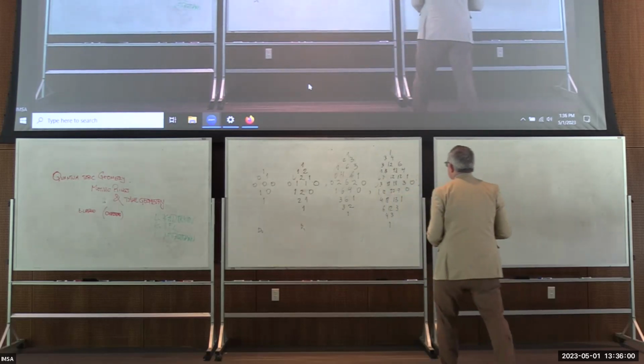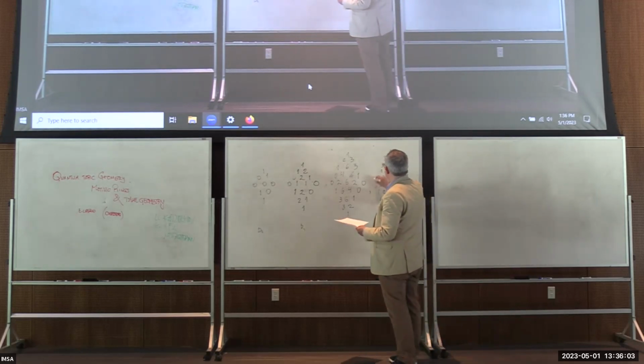So we have these diagrams in our puzzles, and we want to understand what's going on.